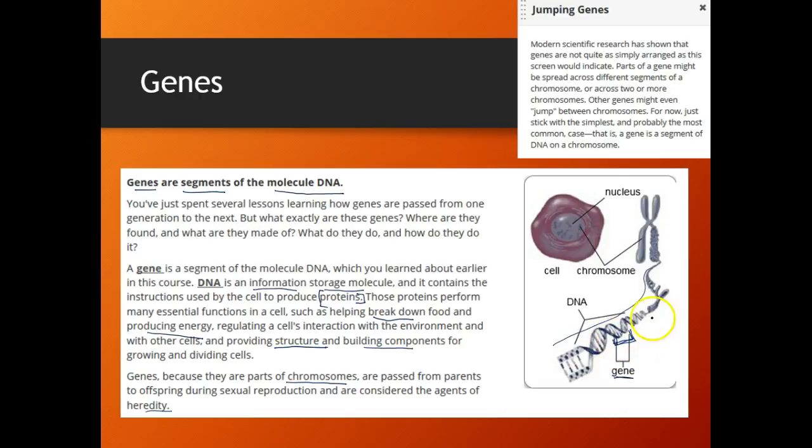One gene can actually make up many segments of DNA and even DNA on different chromosomes. So part of a gene might be spread across different segments of chromosomes. But for the sake of this class, we're just going to think about it in a more simplified manner where a gene is just one part of a DNA molecule.